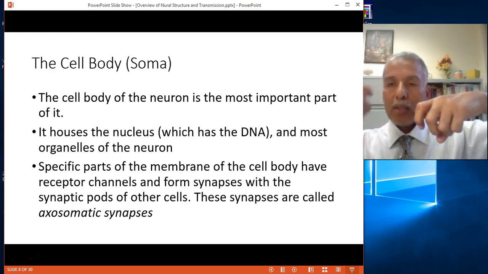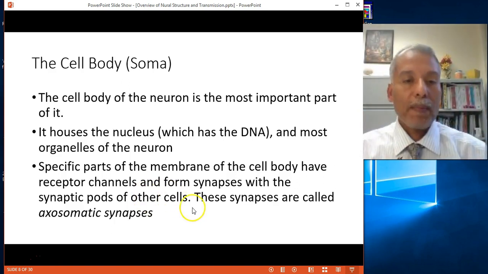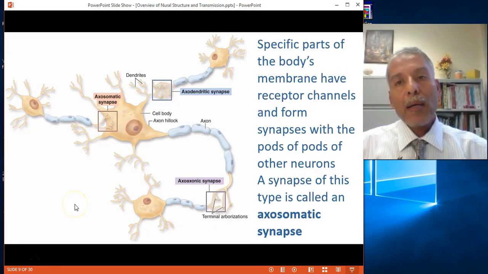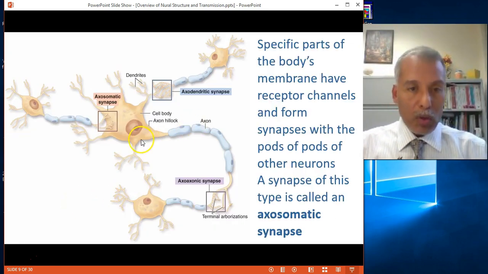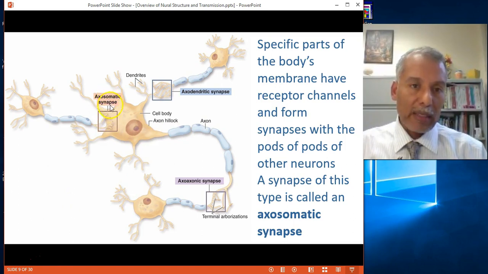Somatic means body, it has to do with the body. So you could see here an axosomatic synapse, where the synaptic terminal of a neuron synapses directly onto the body of the cell.